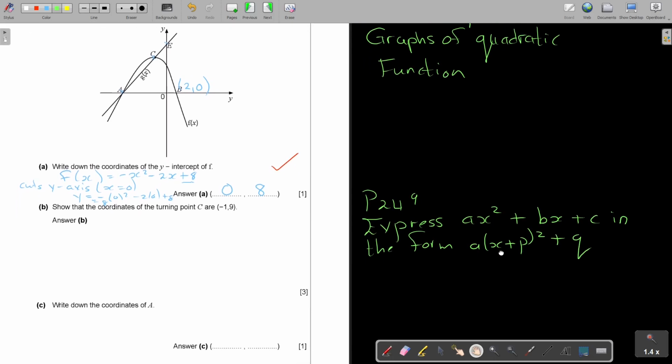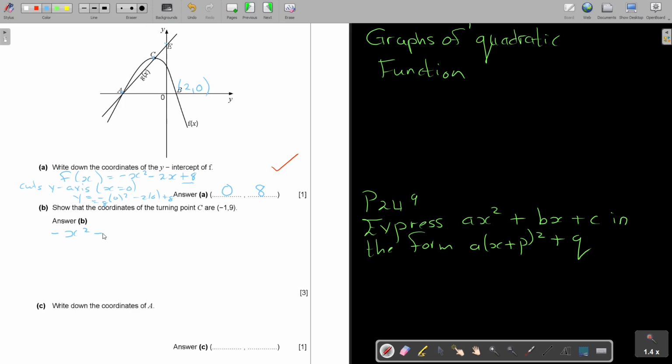Now the first important thing is I'm just going to take the expression part: negative x squared minus 2x plus 8. The biggest problem is this negative. I cannot do completing of the square because that's what I'm going to do, completing the square of an expression. So I must take out that negative, and if I take it out, I'm going to change the signs inside.